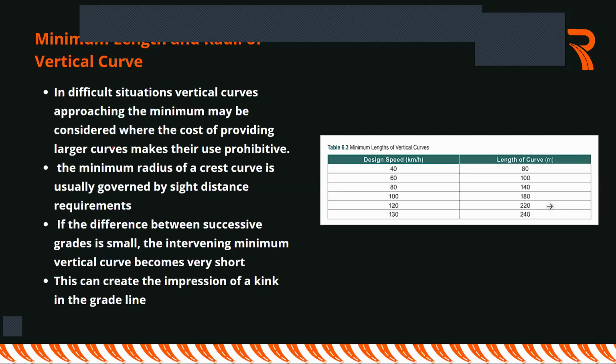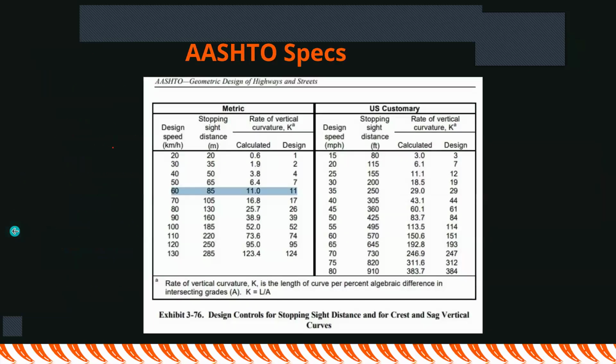Stopping sight distance. Now, I want to make a case for the people of the opinion that the stopping sight distance should extend beyond the curve. Think of this scenario. Come back to that red vehicle of yours.